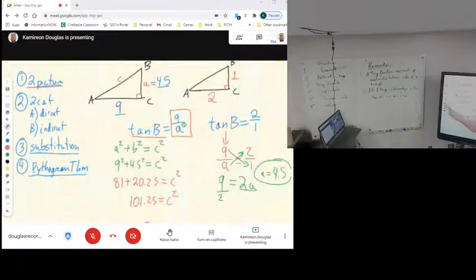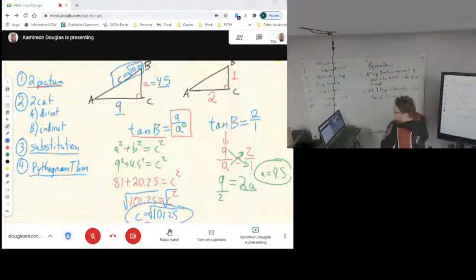I then take a square root of both sides to get c by itself. It turns out my missing side c is equal to the square root of 101.25. And that's my solution. C is equal to the square root of 101.25.